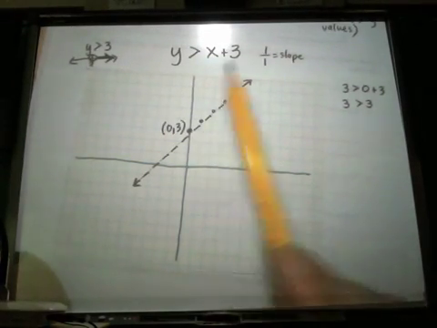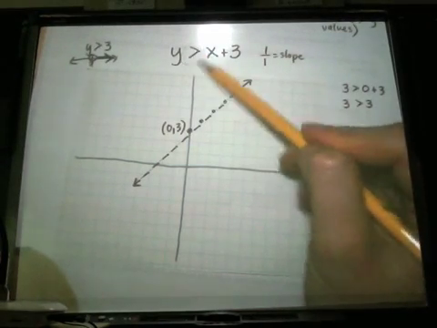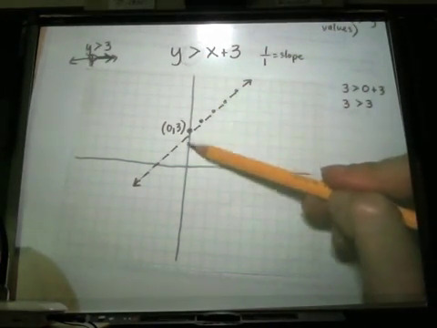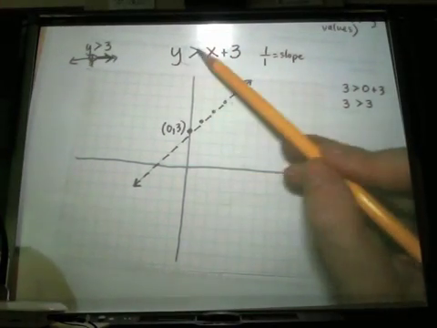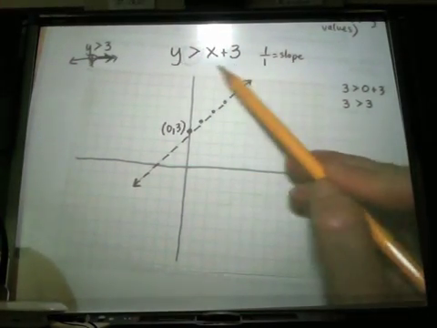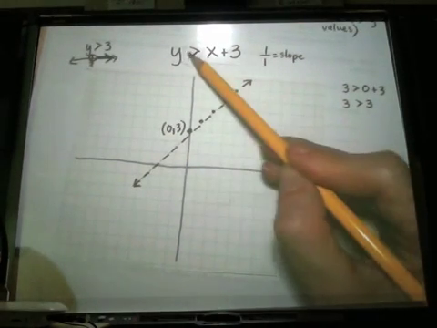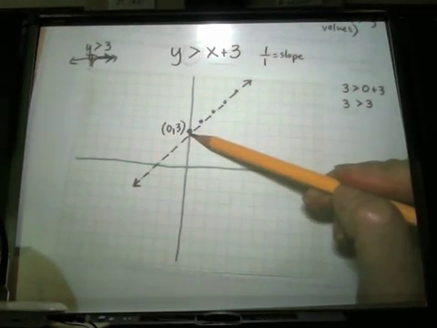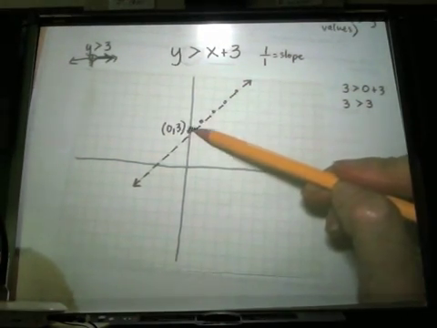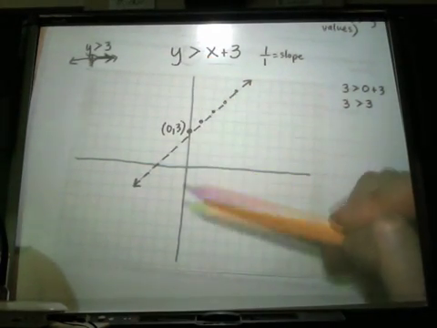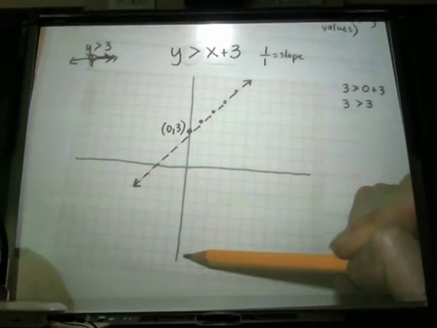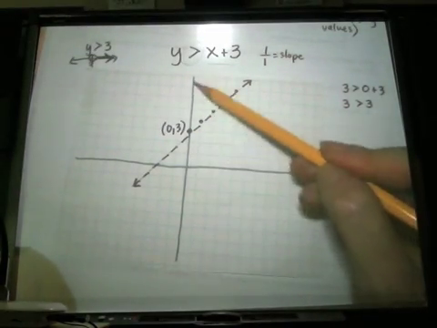From here, where are the y values greater? Up or down? Let me ask again, look up here. This says y is greater than. If this is this line, this says the y values are greater. So from where this line crosses the y-axis, where are the y values greater? Up or down? CJ. Right? The y values get bigger as we go up.